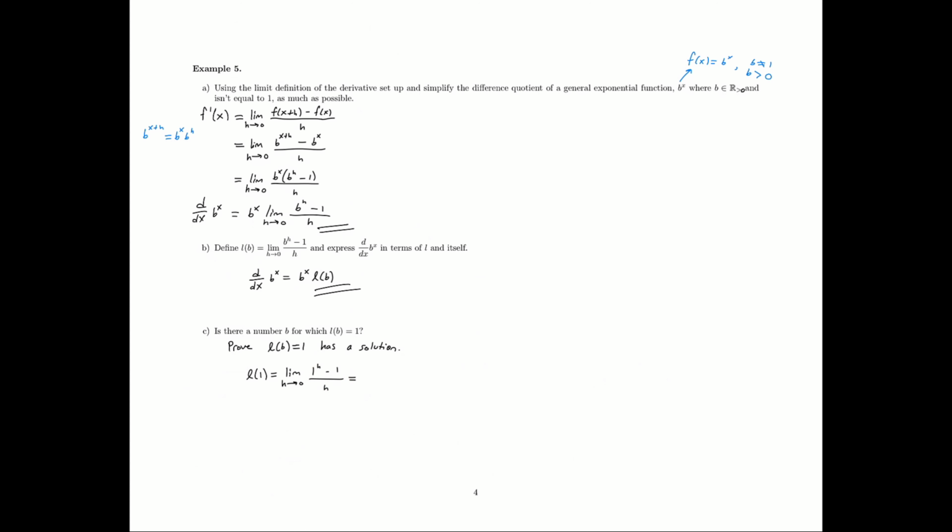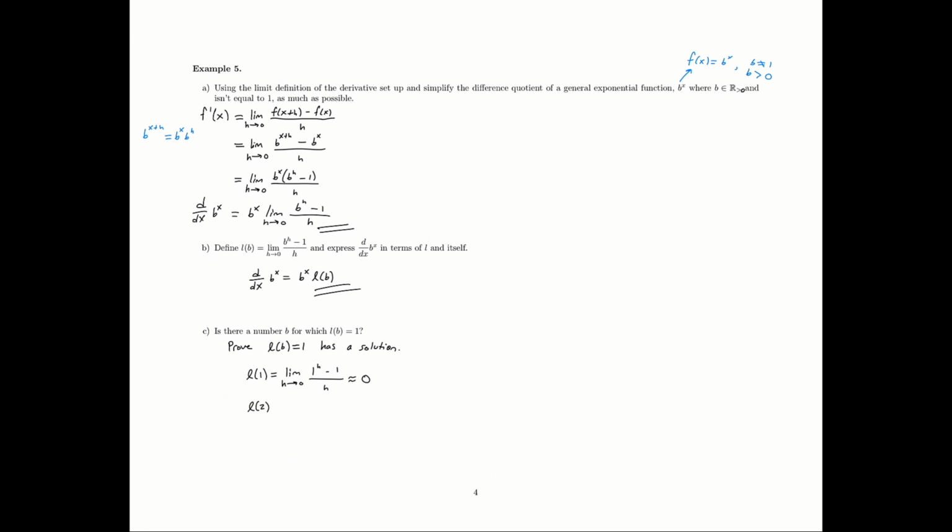This is definitely just 0. Now, to get these numerically, you can use a spreadsheet, sort of like what we did at the beginning of the semester when we first investigated rates of change numerically. So I used an Excel spreadsheet for this, and as I made h smaller and smaller, this got closer and closer to 0.